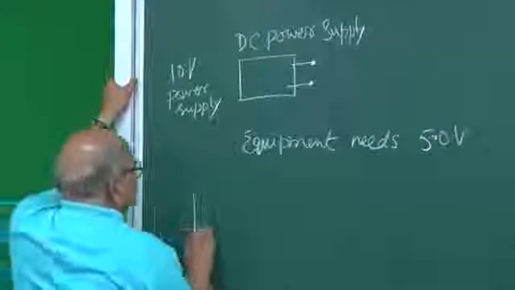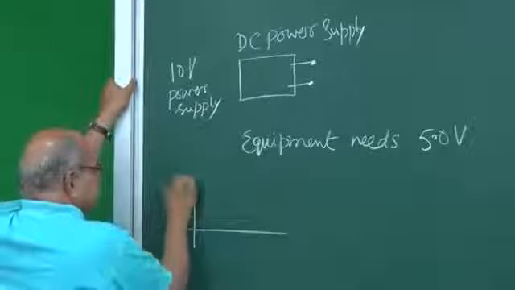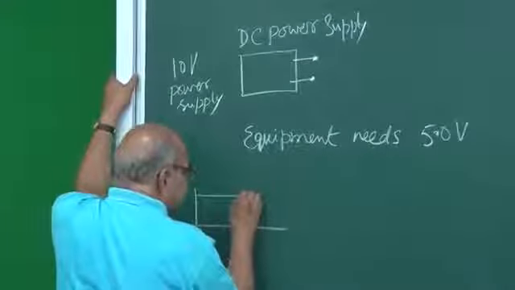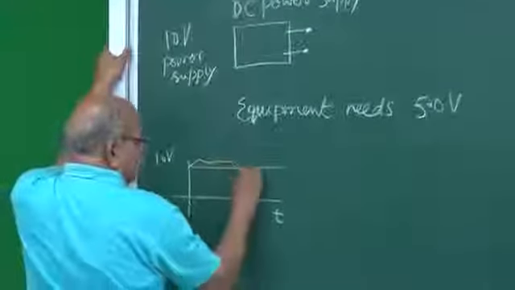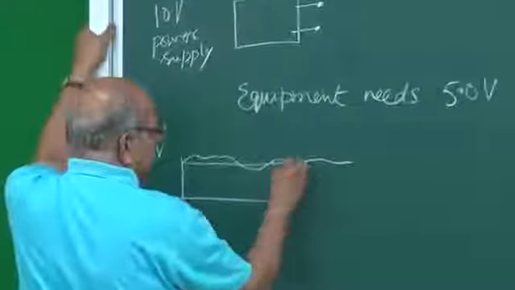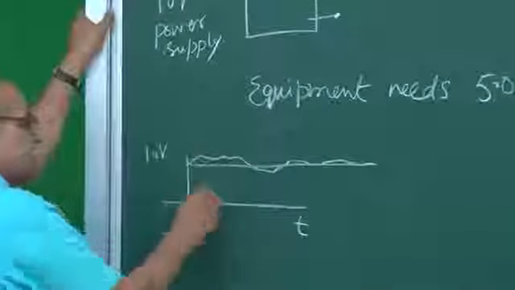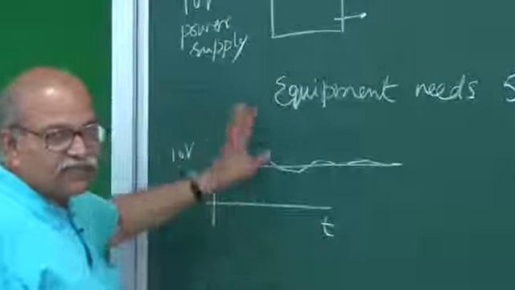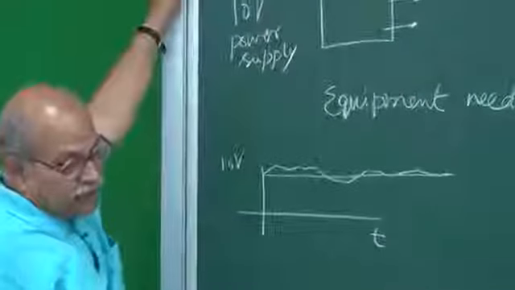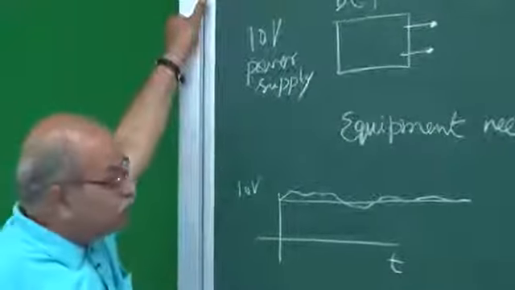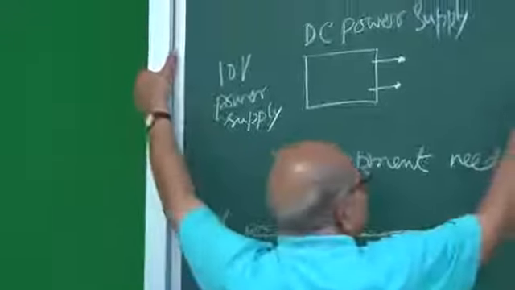It is supposed to give me 10 volts, this kind of waveform as a function of time, but what it is doing, it's giving this kind of thing. So it is fluctuating from 10 to, let's say, 10.2 here, 9.7 here. This kind of supply is coming here.